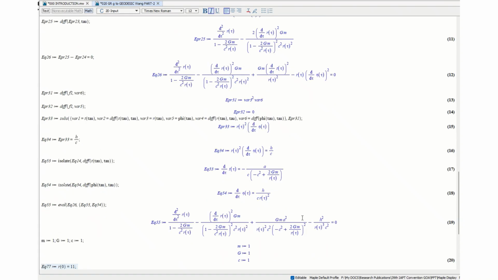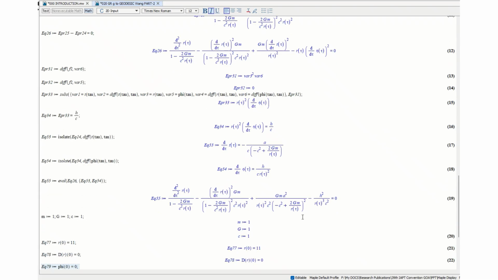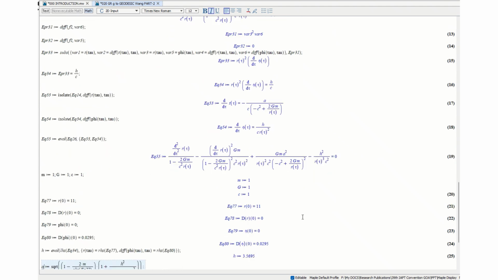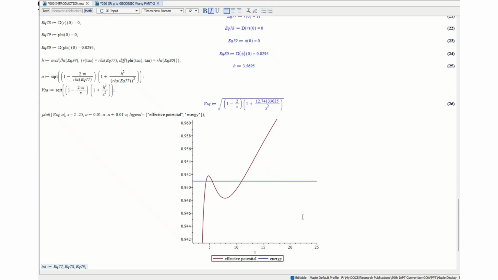For plotting on the scale, m, g, and the velocity of light are considered unity, and some scaling equations have been displayed to generate the effective potential energy plot.